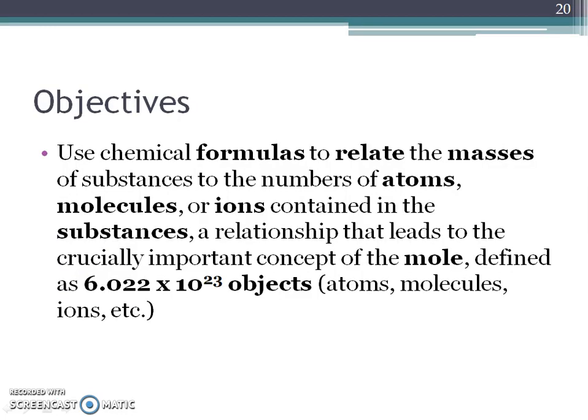So your objective here is going to be using the formulas to relate masses of substances to the number of atoms, molecules, or ions in that substance. So it's a relationship that leads us to this critical concept of the mole, which really is defined as 6.022 times 10 to the 23rd. And it could be anything.